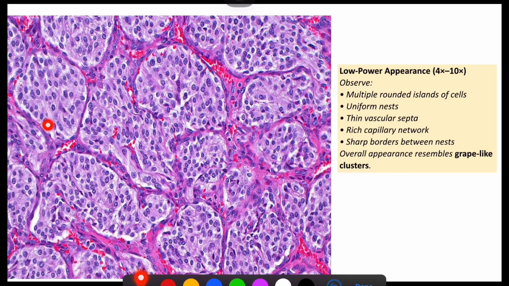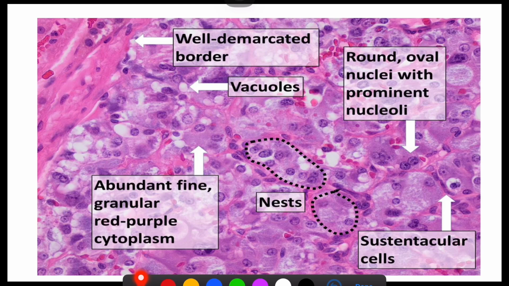These are mostly uniform, having thin fibrovascular septa, rich capillary networks, and sharp borders, right? So the overall appearance resembles grape-like clusters. Here you will see well demarcated borders.